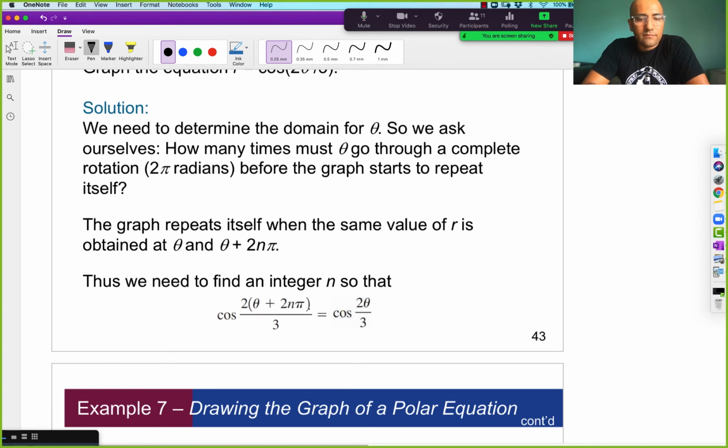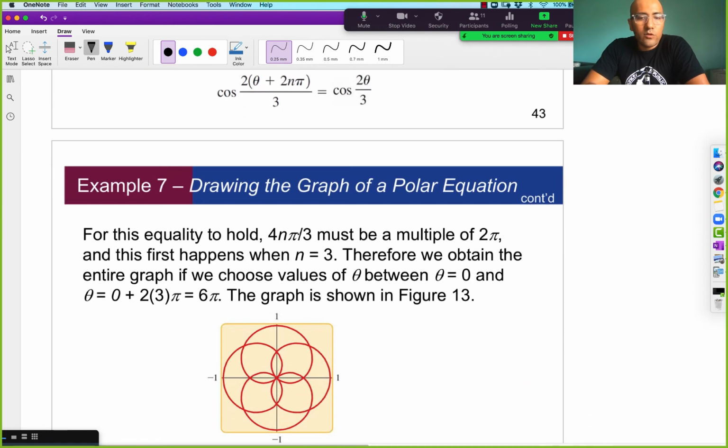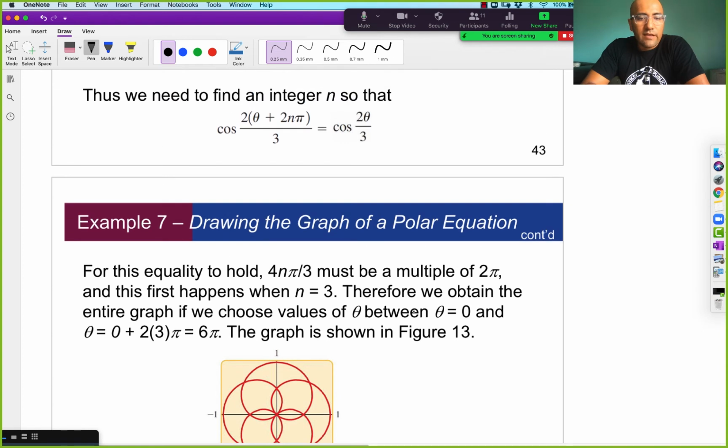n. Right? So what we want to do is figure out the multiple of n such that 4n pi over 3 is a multiple of 2 pi. Does that make sense? Looking at this equation, remember this whole thing is in, this 3 is inside here.